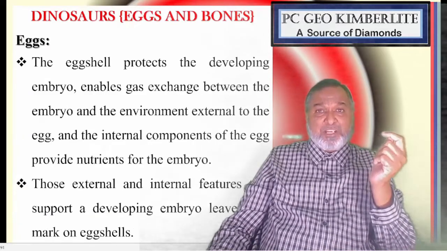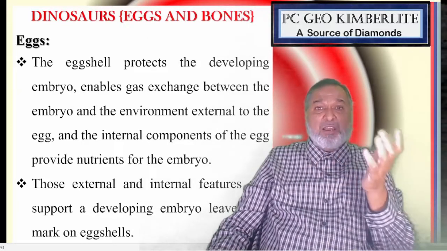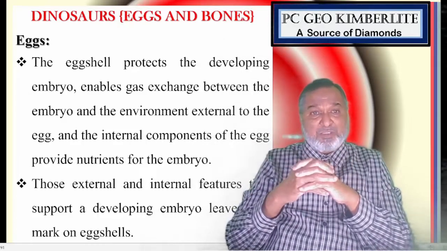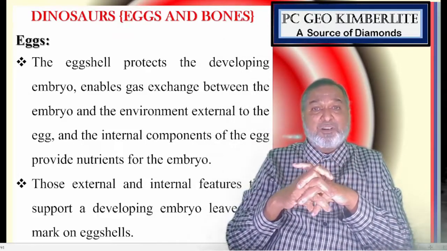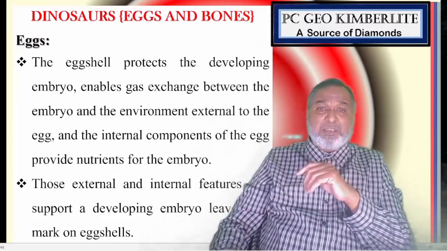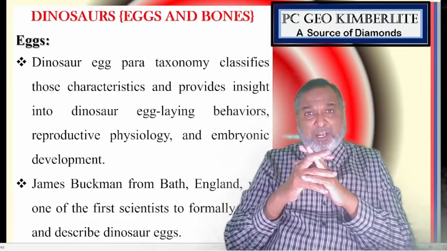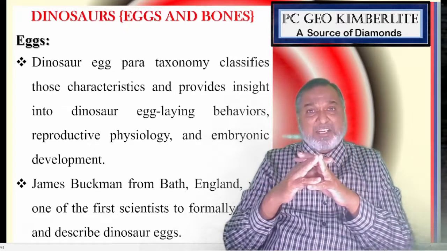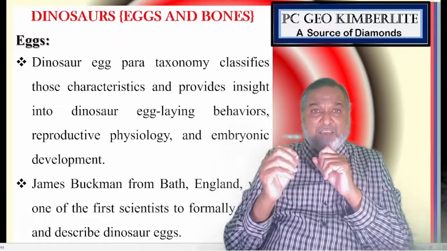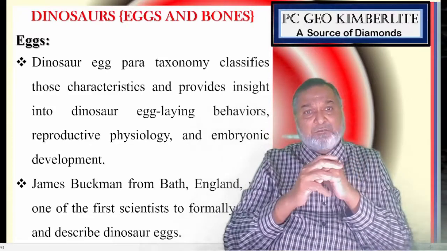The eggshell protects the developing embryo and enables gas exchange between the embryo and the environment external to the egg, and the internal composition of the egg provides nutrients for the embryo. Those external and internal features that support a developing embryo leave their mark on eggshells. Dinosaur egg parataxonomy classifies those characteristics and provides insight into fossil egg-laying behavior, reproductive physiology and embryonic development.